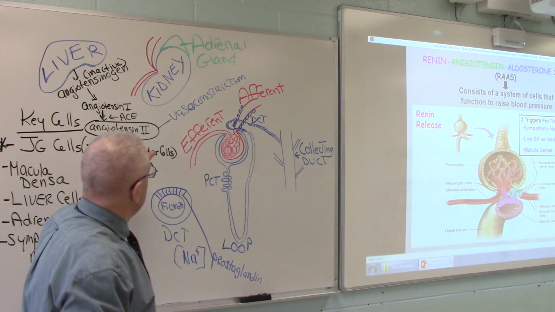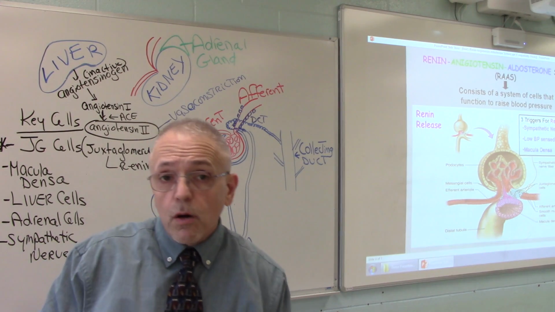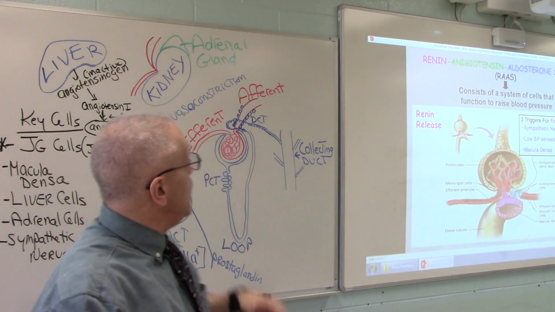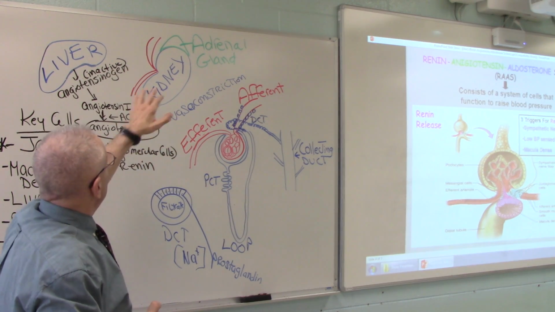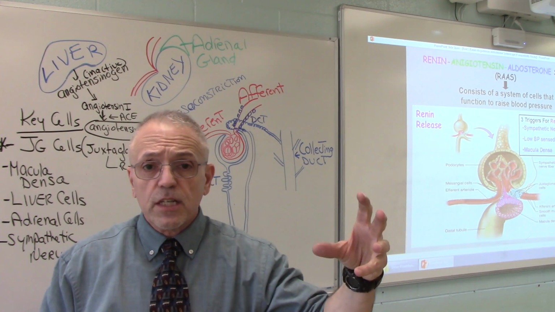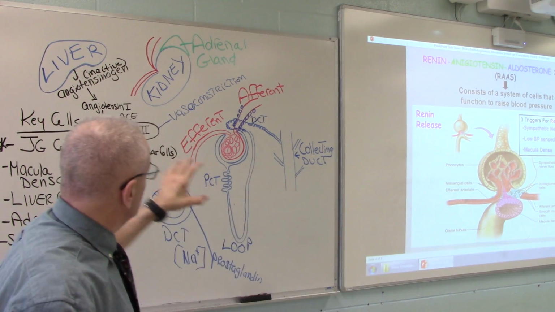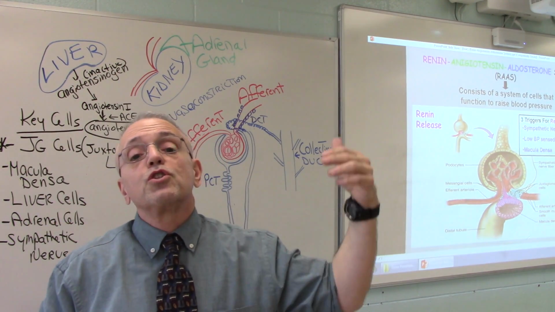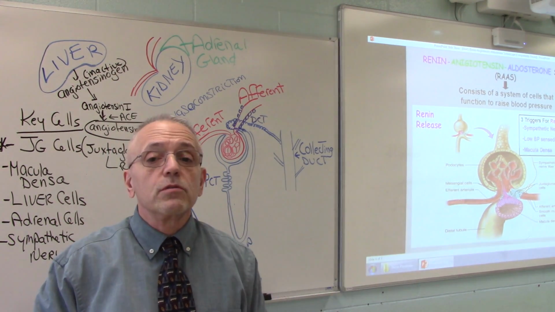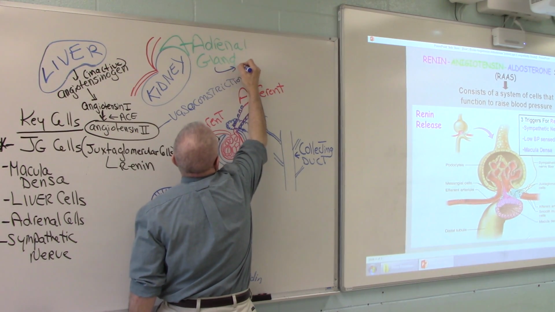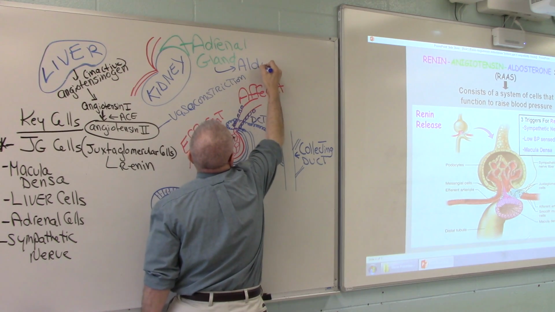So angiotensin-2 is a hormone, and this hormone travels through the blood and goes to the adrenal gland. The adrenal gland has special cells that respond to angiotensin-2. In other words, angiotensin-2's target cells in the adrenal glands cause those cells to secrete aldosterone.